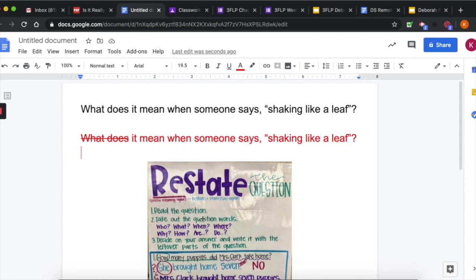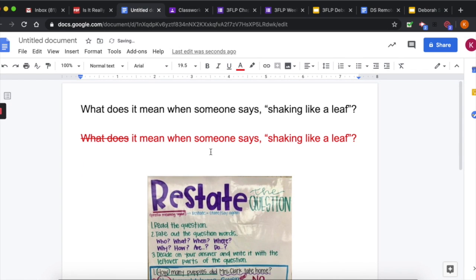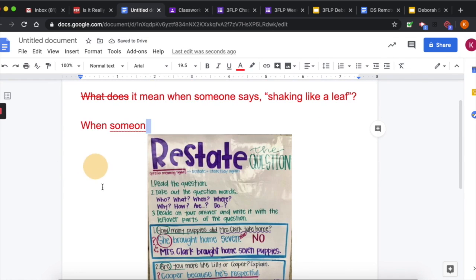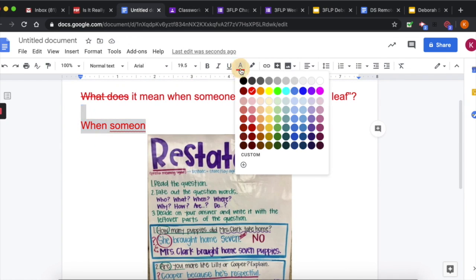All right, so now that we've decided on our answer, we're going to write it with the leftover parts of the question. So I'm going to start here where it says when someone says shaking like a leaf, and then I'm going to answer my question. So when someone, and I'm going to put this into blue since it's now our answer.